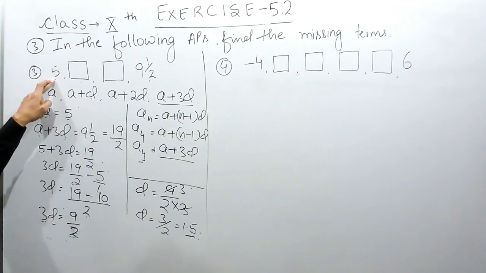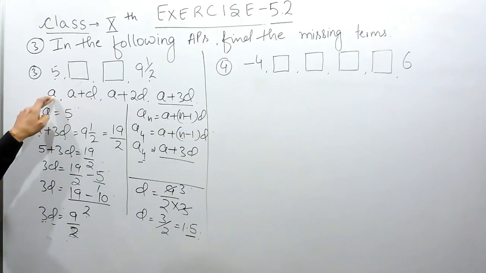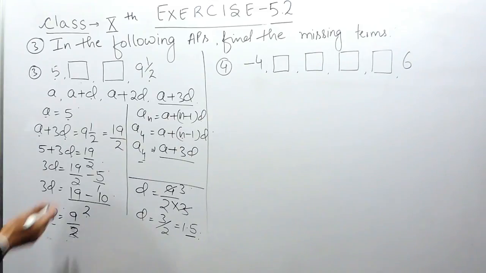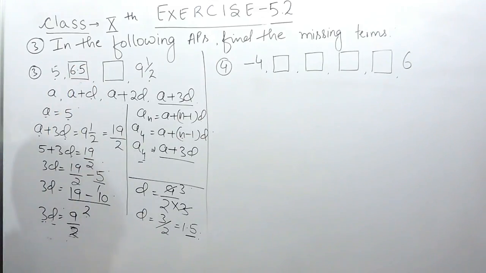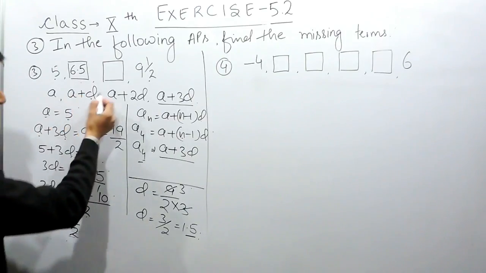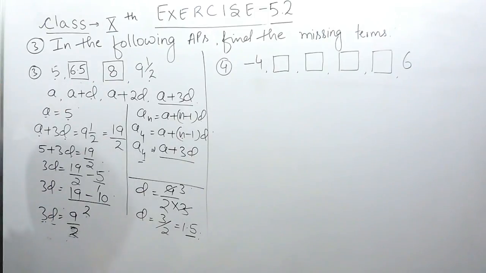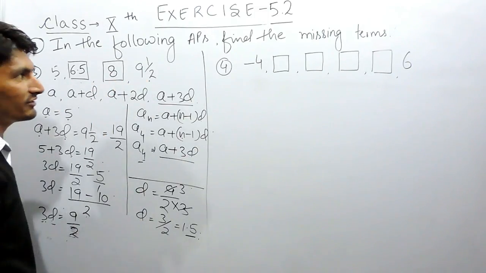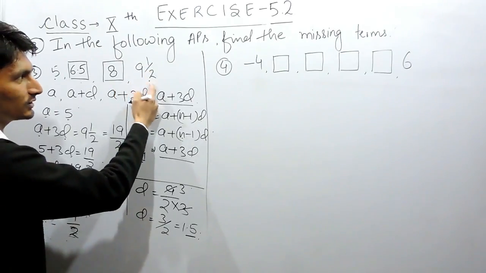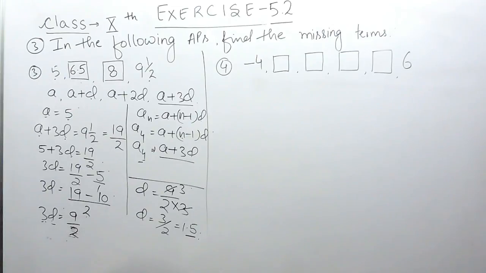If this is the first term, to find the second term you have to add 1.5, which is the value of D. So obviously this should be 6.5. Now again you have to add another D to this, so this will become 8, and if you add 1.5 to this, this will become 9.5. This is 9 1 upon 2, which means 9.5. So these two must be the values here.